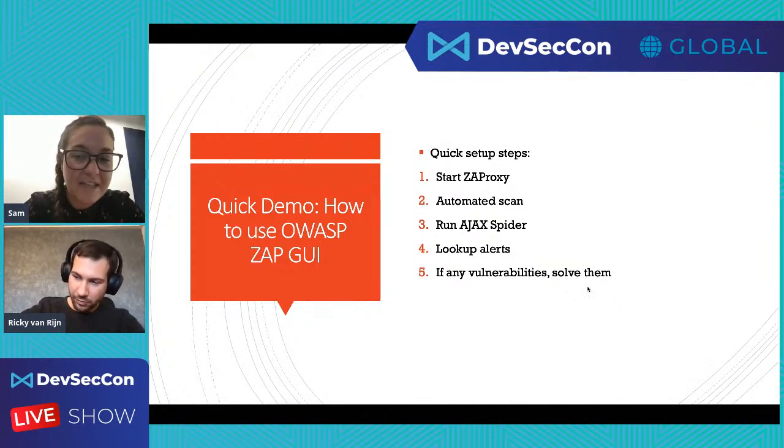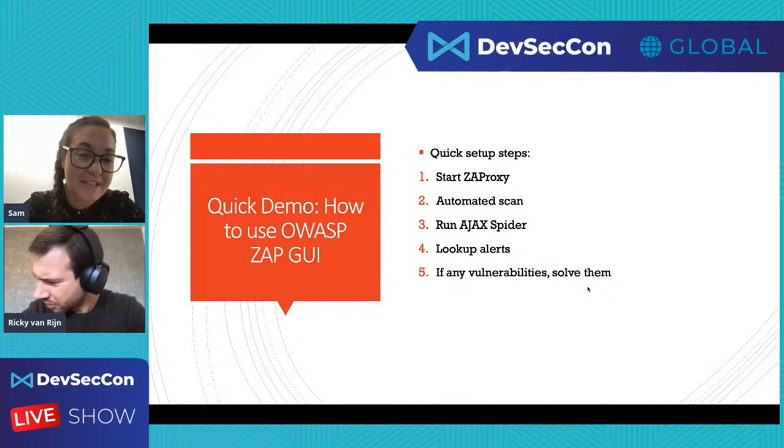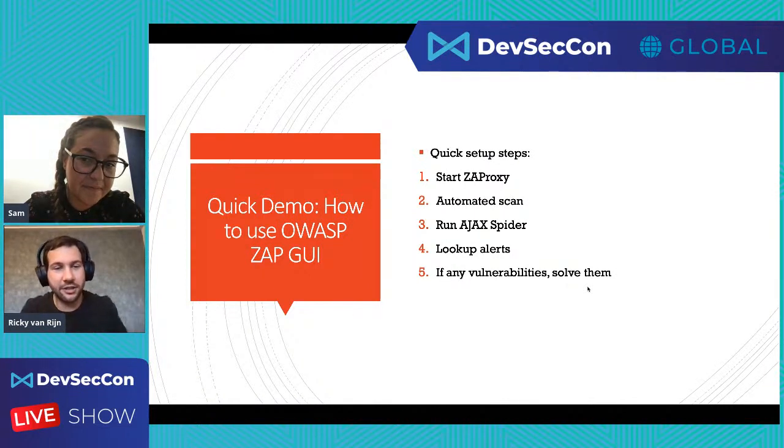We also had a question around GitHub Actions. Is there a GitHub action for OWASP ZAP? There's a link to that, which is also in my presentation.